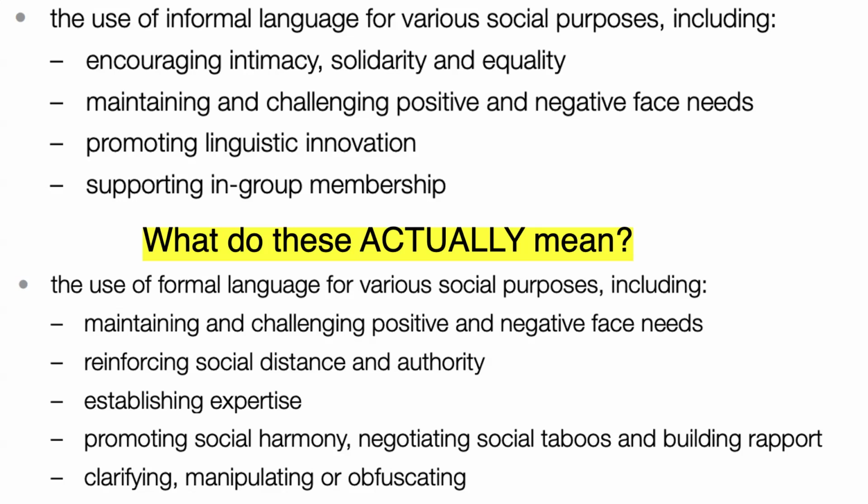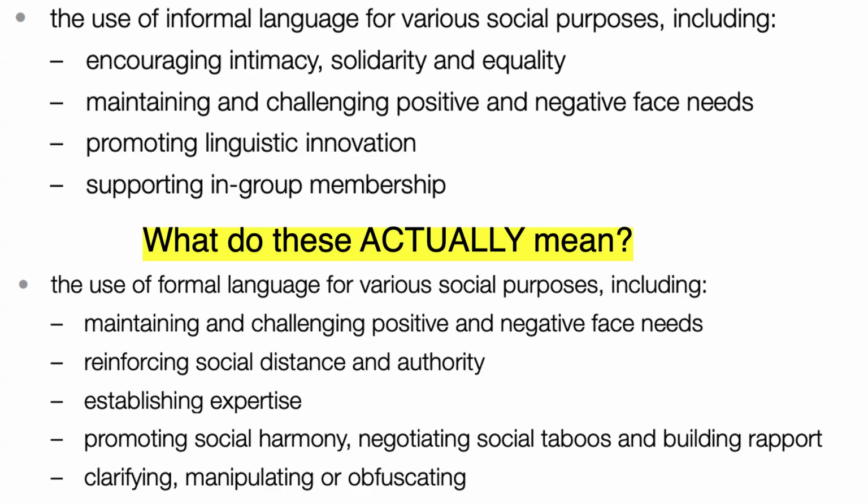Not imposing on someone's rights. Whereas positive face needs are your needs to be liked, your needs to be validated, appreciated, respected. So negative face needs come into play when it's more of a formal text. Positive face needs are much more common in informal texts and transcripts.